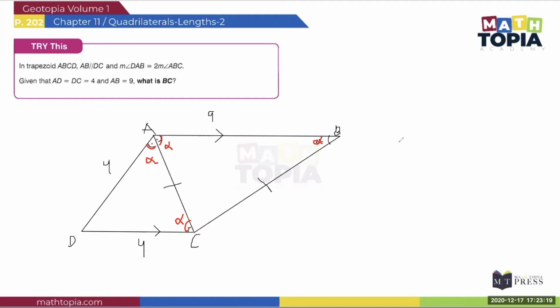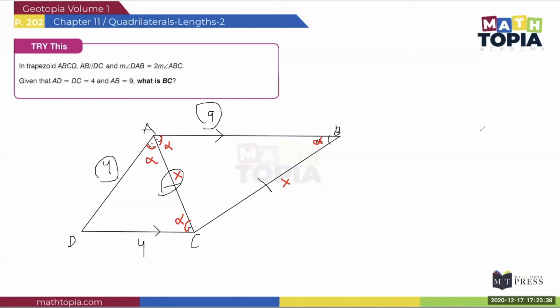And now what we have is similar triangles here, because we have ACB, an isosceles triangle with these 2 angles of alpha. And ACD is also an isosceles triangle with 2 angles measuring alpha. So now we can set up this ratio. 9 over this length x is equal to x over 4.